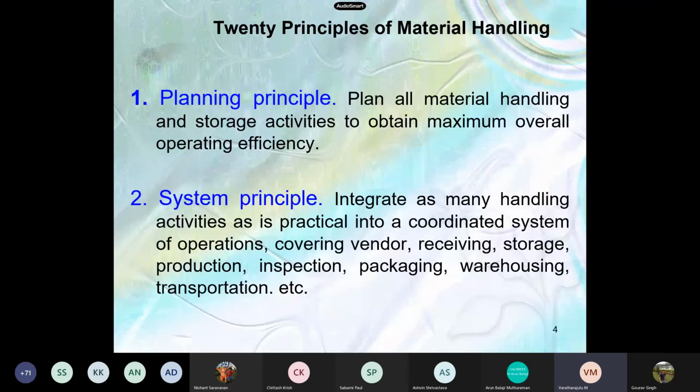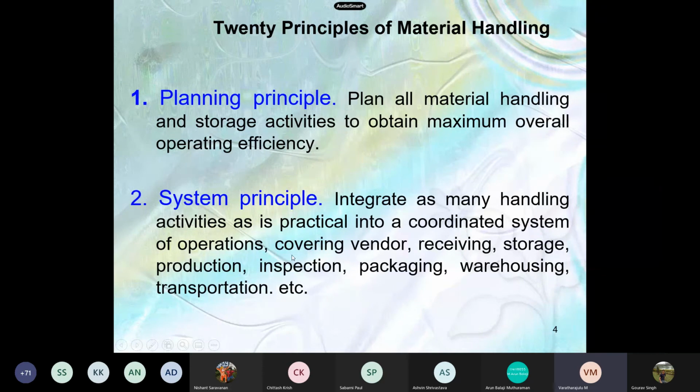That replicates in material handling also. And the systems principle: integrate as many handling activities as practical into a coordinated system of operation covering vendor, receiving, storage, production, inspection, packaging, warehousing, transportation. Like that, we need to concentrate on various things during material handling in order to have optimum utilization.